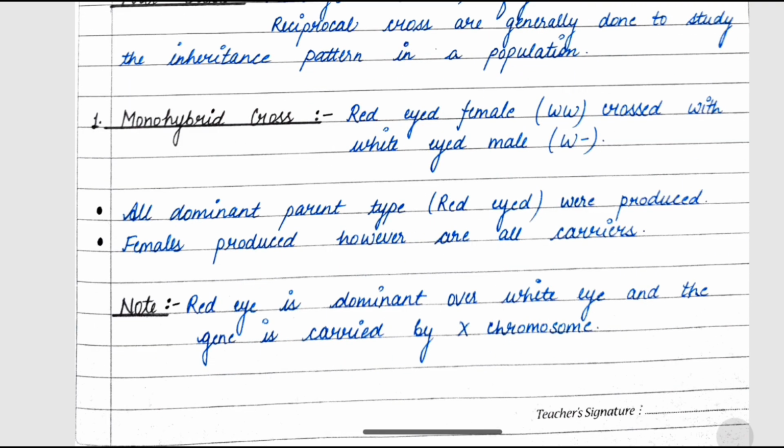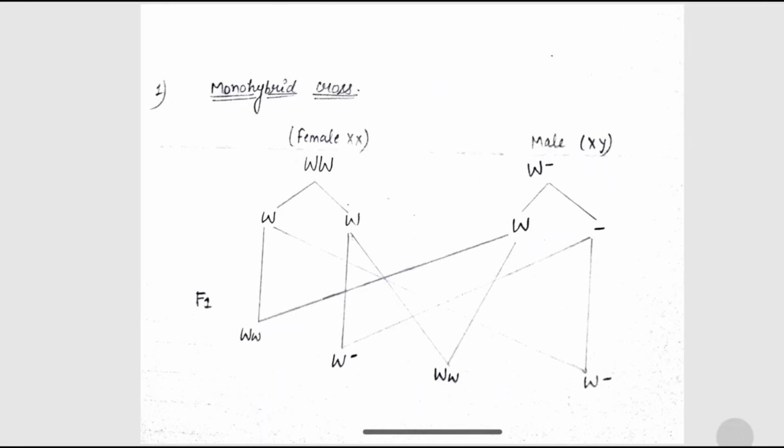Then monohybrid cross. In a monohybrid cross, a red-eyed female, WW, is crossed with a white-eyed male, capital W. All dominant parent type, red eye, were produced. Females produced are, however, all carriers. Note, red eye is dominant over white eye and the gene is carried by the X chromosome. This is a monohybrid cross.